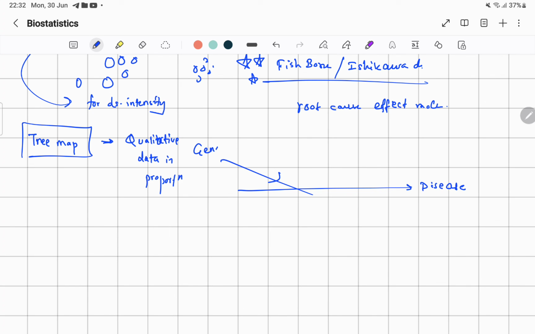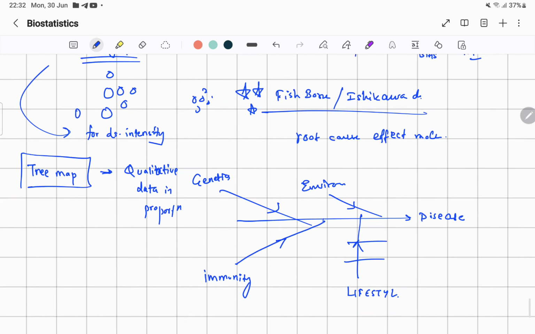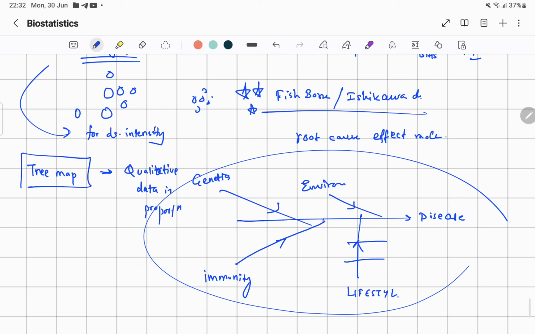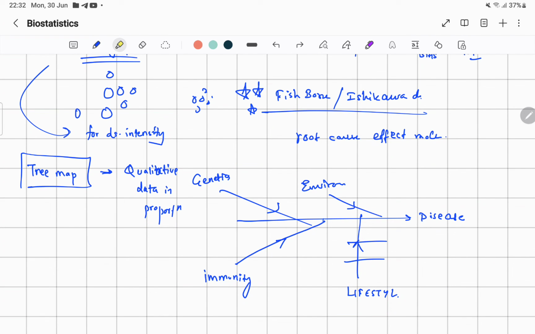Let's say genetics, let's say environment, let's say immunological. Let's say lifestyle is not contributing, so we'll cross it like this. So this is basically an Ishikawa diagram or fishbone diagram for root cause effect model. Okay, like this, a fishbone type of structure.